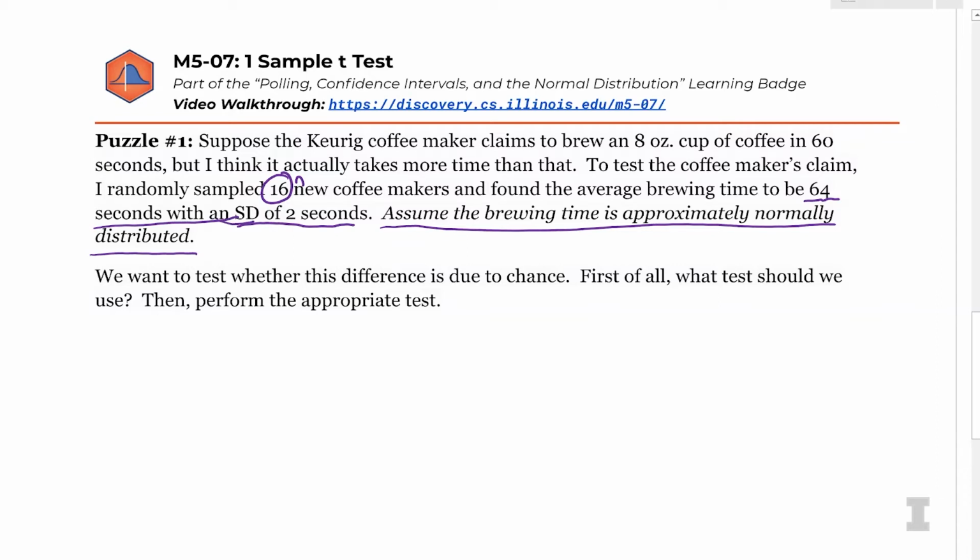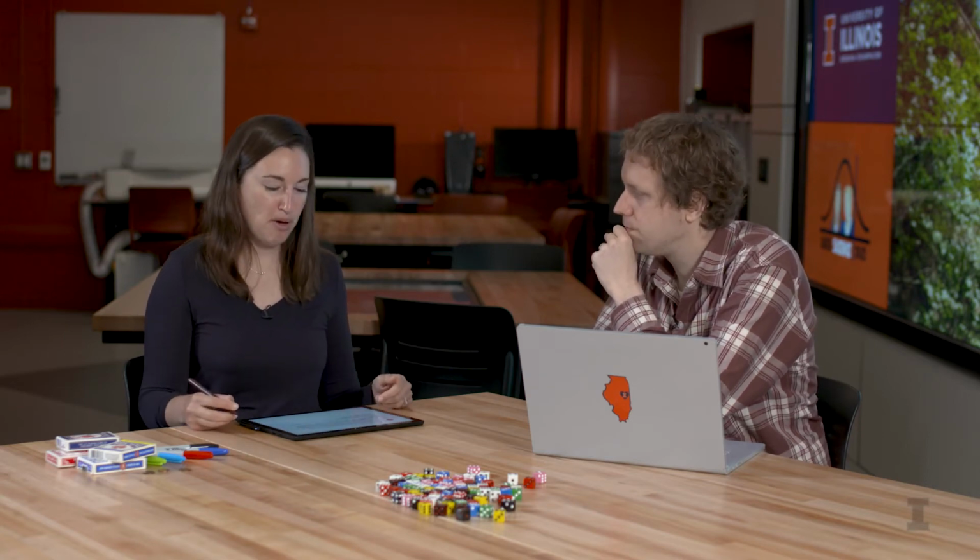So let's check if the 3 conditions are met, because we only use the T test if we have all 3 conditions. So the first condition is that we have a small sample, which we do, right? We have n equals 16. So the problem with small samples is that when we use the SD of the sample to estimate the SD of the population, it's likely to be too small.